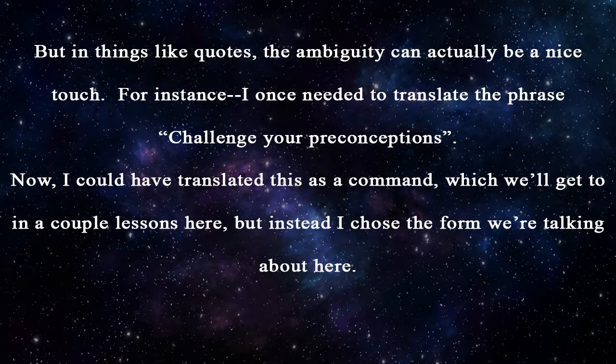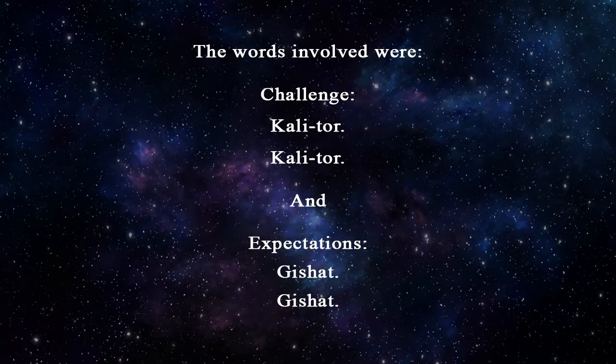For instance, I once needed to translate the phrase, challenge your preconceptions. Now, I could have translated this with a command, which we'll get to in a couple lessons here, but instead I chose the form we're talking about here. And the words involved were challenge, kalitor, and expectations, gishat.